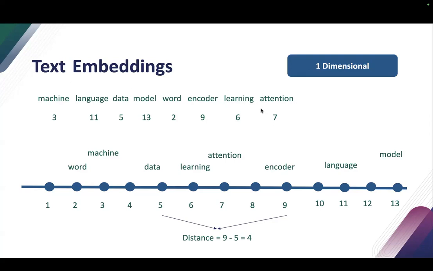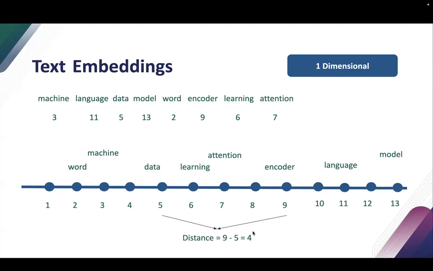Every word is represented by one number. Machine is 3, language 11, and so on. If you want to map that in one dimension, it would just be a flat line, right? So you have one dimension from 1 to 13 in this case, and word would be here in the dimensional space, model would be at 13, and every other word in between.